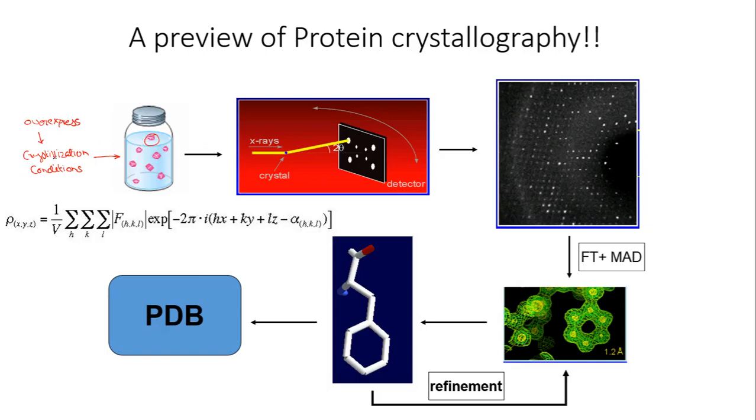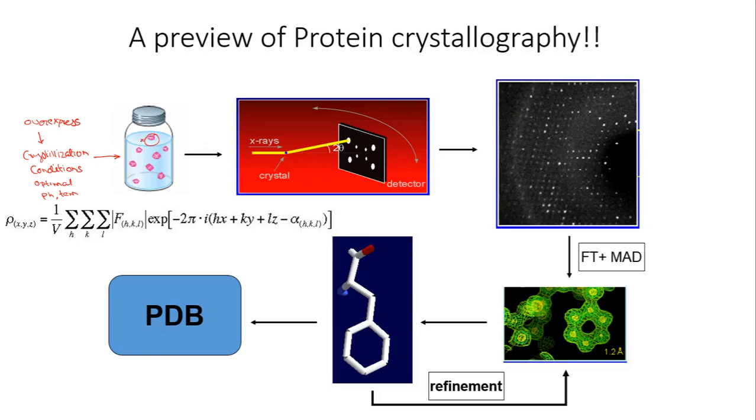So what do I exactly mean when I say that you need to obtain the crystallization condition? It is that you need to figure out some optimal pH or optimal temperature or optimal condition in which the protein will get crystallized. And this is a very difficult task.